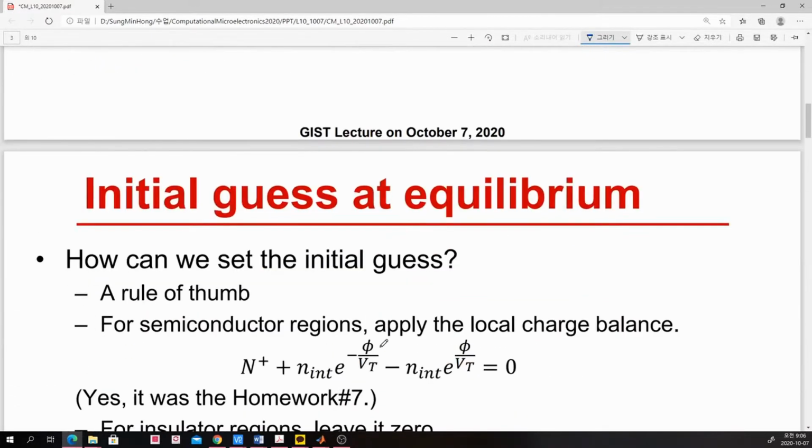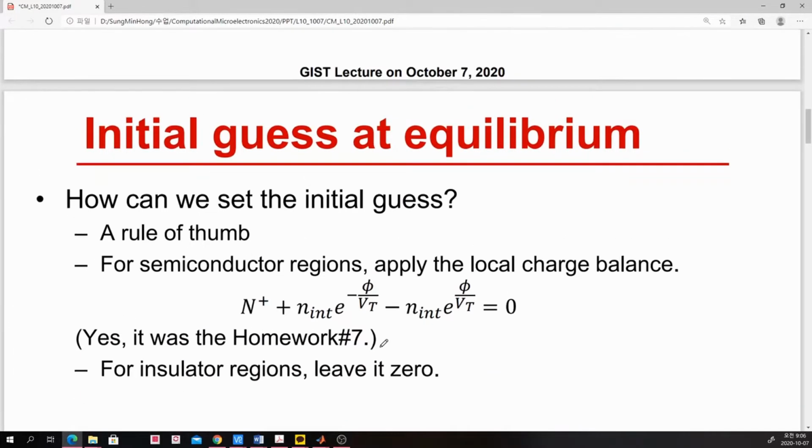The only thing I wanted to add in the discussion of the Poisson equation is the initial guess. The initial guess is the starting solution for our Newton-Raphson method.